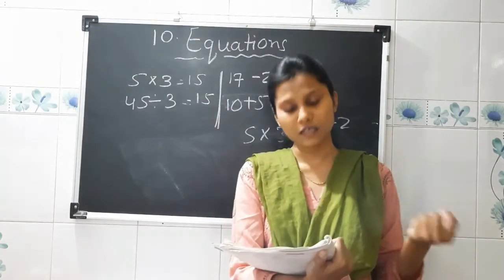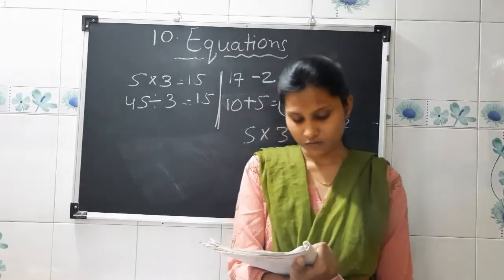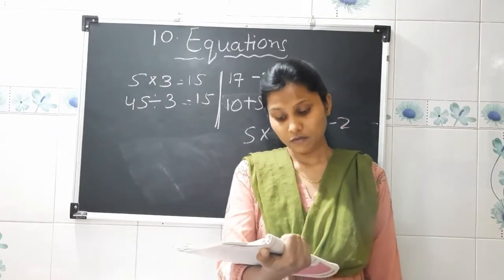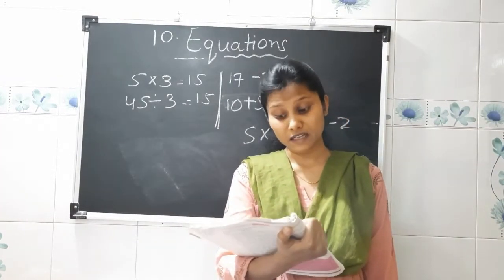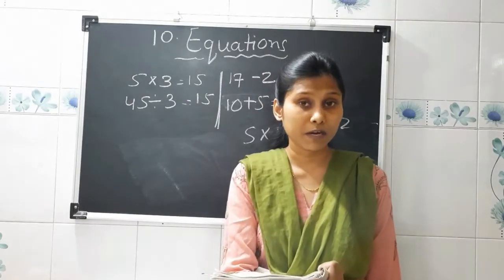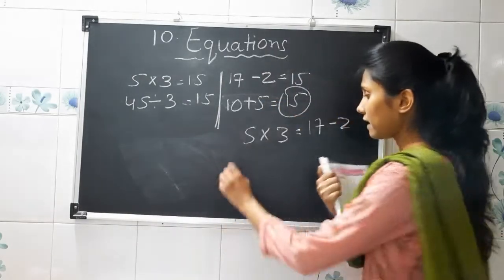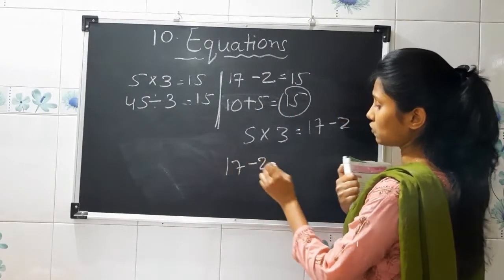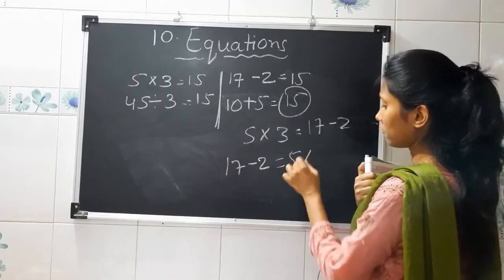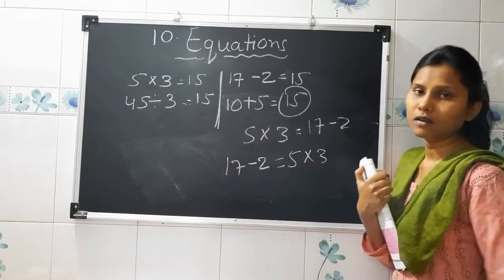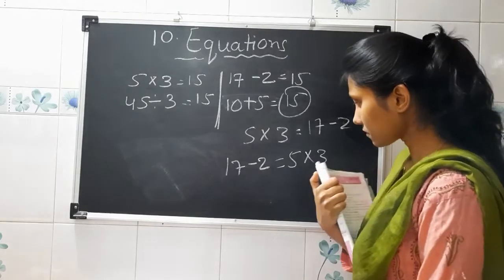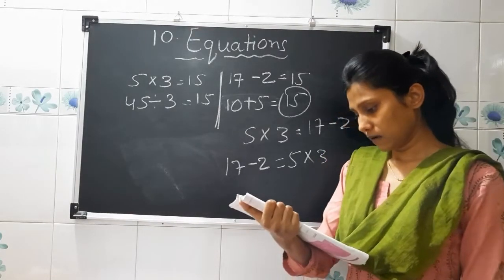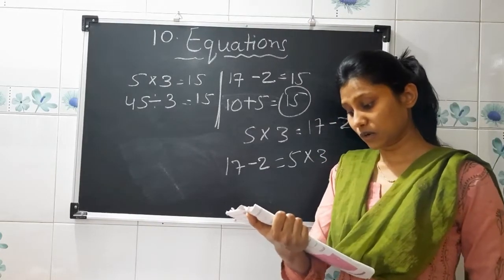That is why they are called equations. Then Sharvari says, can we also write the equation 17 minus 2 is equal to 5 multiplied by 3? Yes, you can write it as 17 minus 2 is equal to 5 multiplied by 3. You can write it in this way also. Understood? So teacher says, yes, the equation is right too.